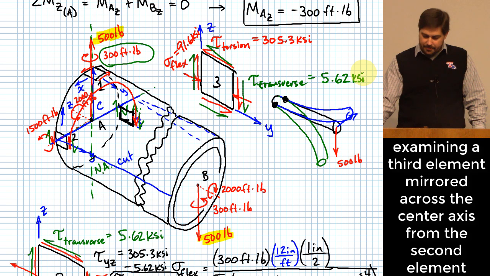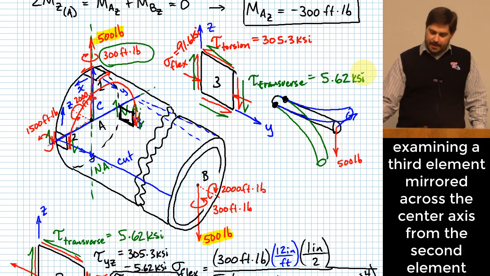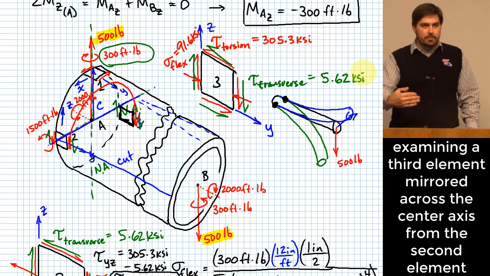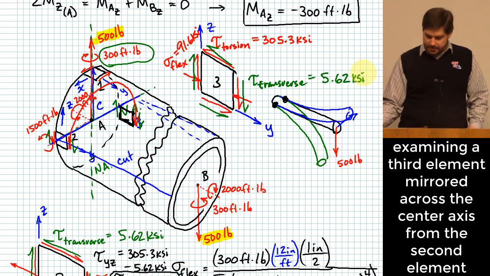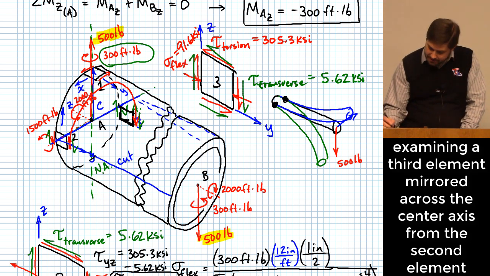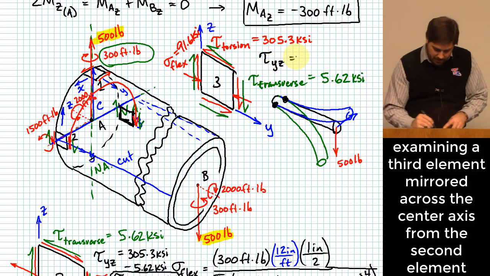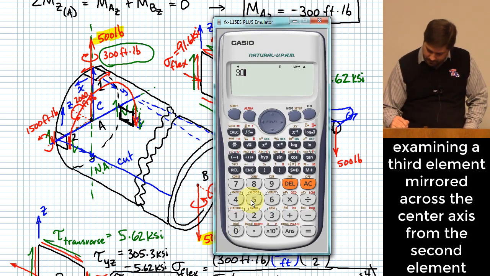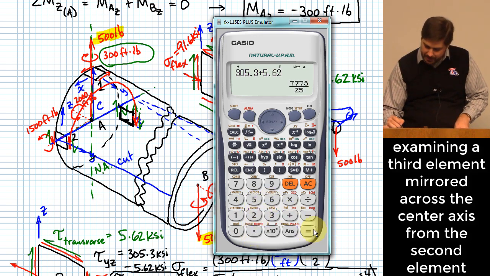So now we would have a more negative shearing component if you put them in the YZ system there, right? They would essentially add. I guess maybe I'll go ahead and say them here, your tau sub YZ would just be equal to 305.3 plus 5.62, but that would all be negative, right?